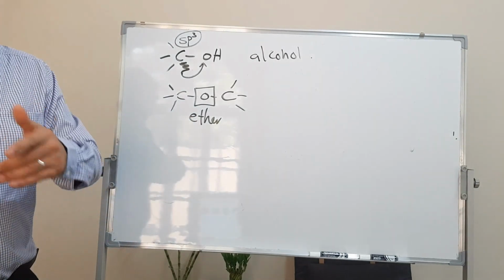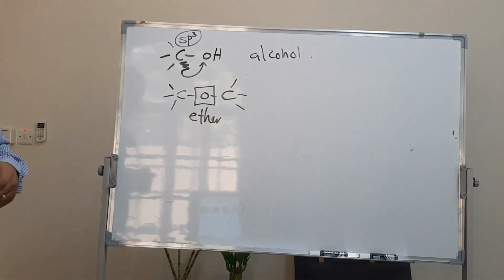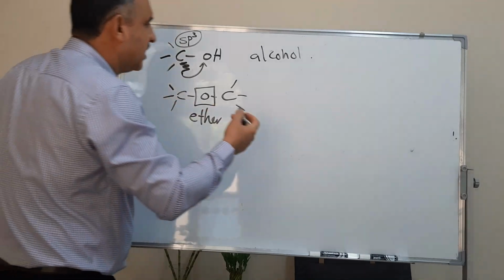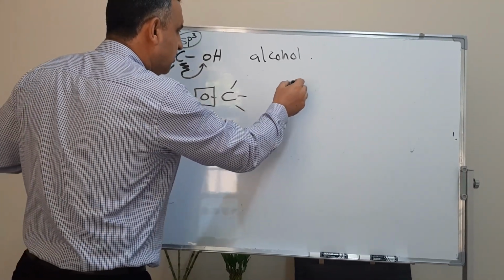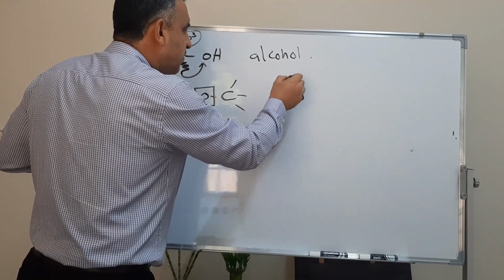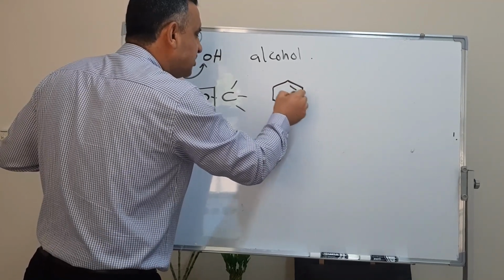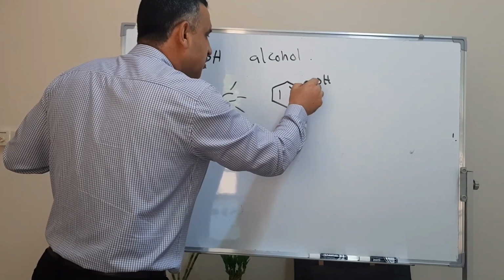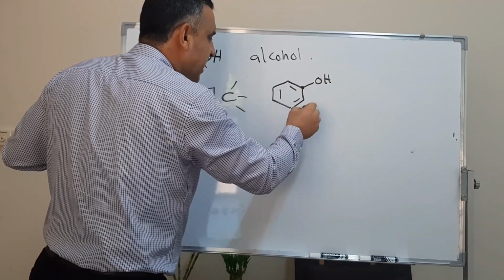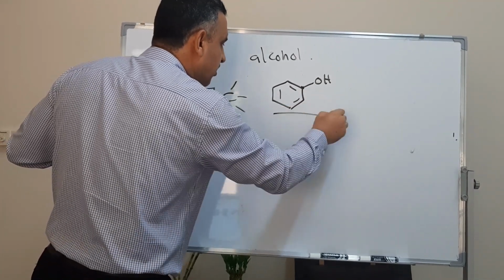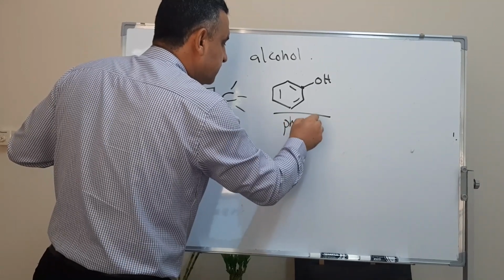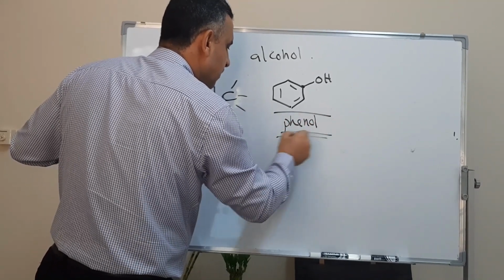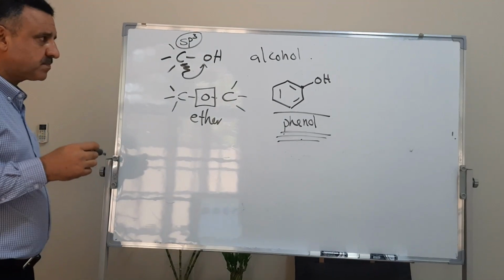Although it is not in the same slide, just because we are talking about the carbon-oxygen functional groups, we have another group when we have the OH attached to an aryl system. In this case, we don't call this alcohol, we call it phenol. Do you follow me?